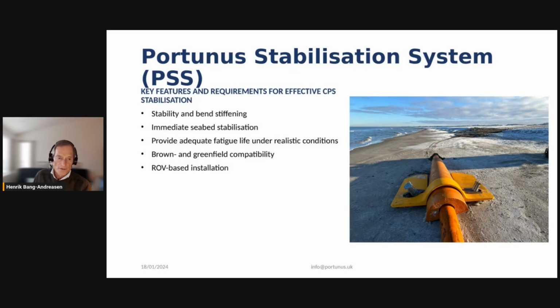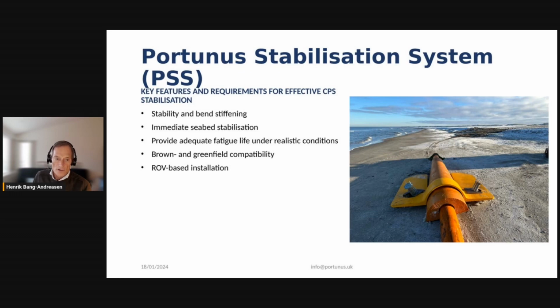The key features and requirements for the effective CPS stabilization is obviously the stabilization of the PSS into the seabed and the bend stiffening.